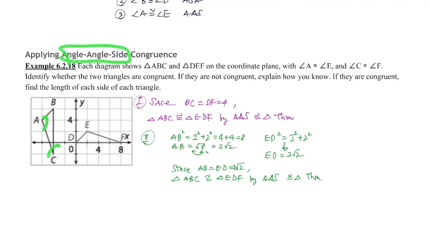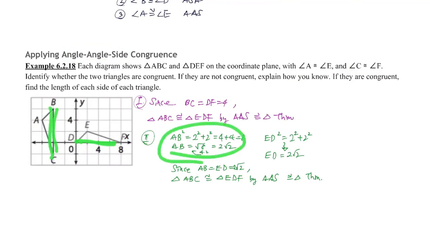Is there a way to show that BC and DF are the same? Yeah, we can. Count this: 2, 4, 6, 8. The length is 8. But each tick mark, 1, 2, 3, 4, times 2 is 8. They're the same length. So when it's on a horizontal or vertical, like this, you don't have to do this. You could just count, okay?